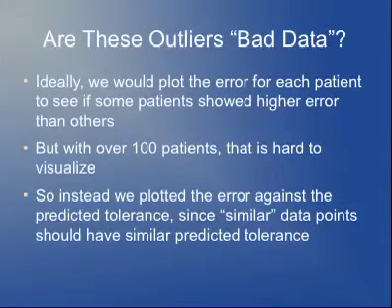The best way to do this would be to plot the error for each patient one at a time and see if some patients showed higher error than others. Again, if you can partition your data into subgroups, that may help you identify the problem.